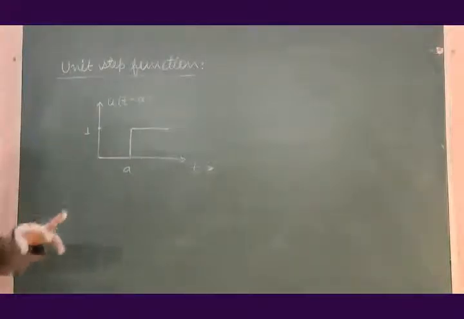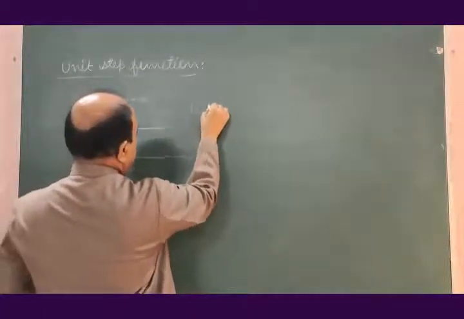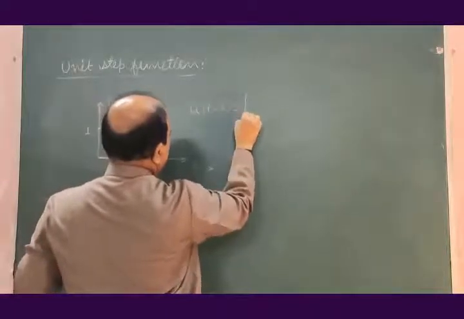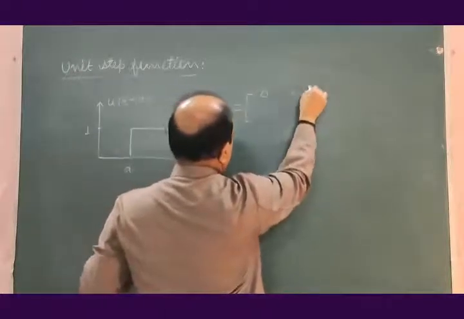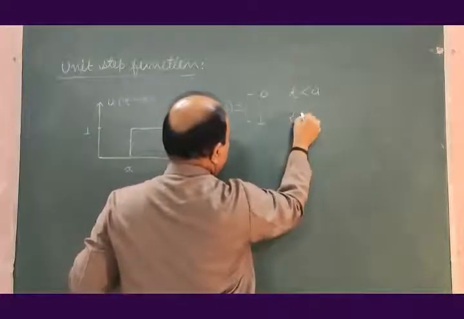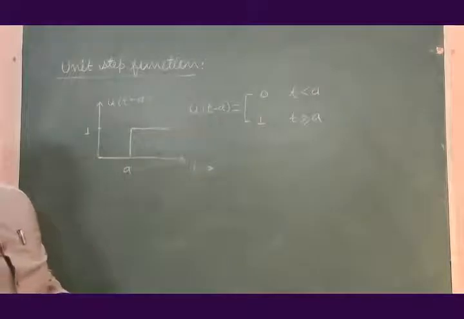And how to represent this mathematically? U of t minus a may be represented mathematically as a function which is 0 for t less than a and 1 for t greater than or equal to a.